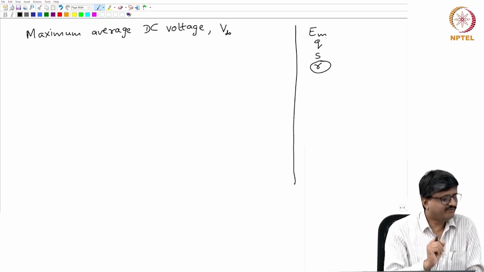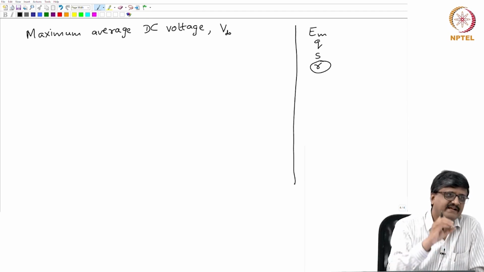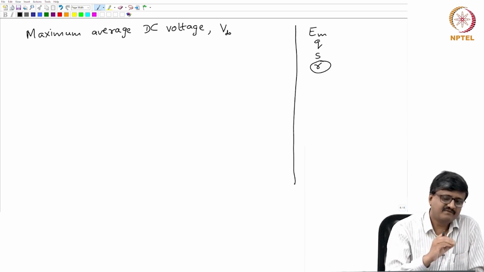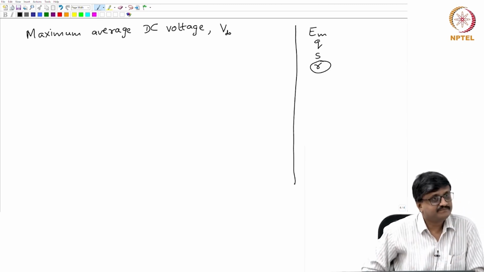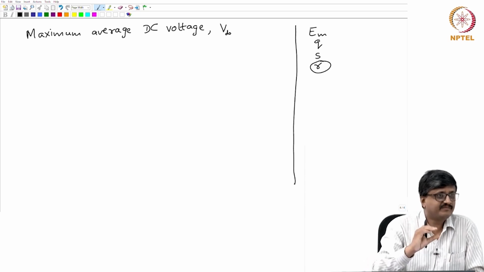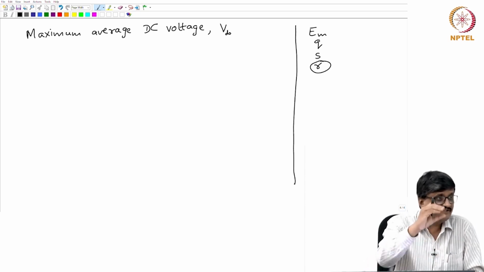Now, there is one simplification possible here. Should I take each and every basic commutation group connected in series and find the average?